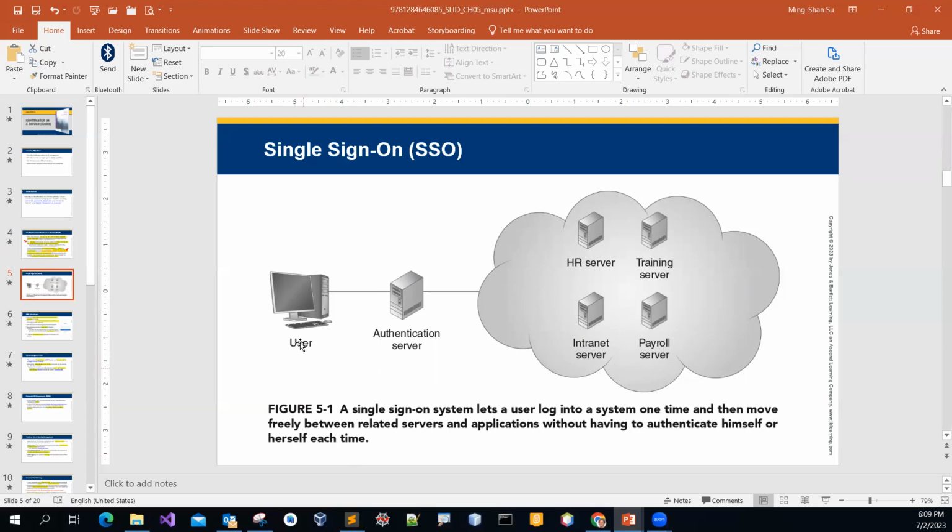So again, a user can just log into the authentication server, and then if the user wants to use the HR server, the intranet server, or the payroll servers, it does not need to log in or authenticate each time. So this is very convenient.